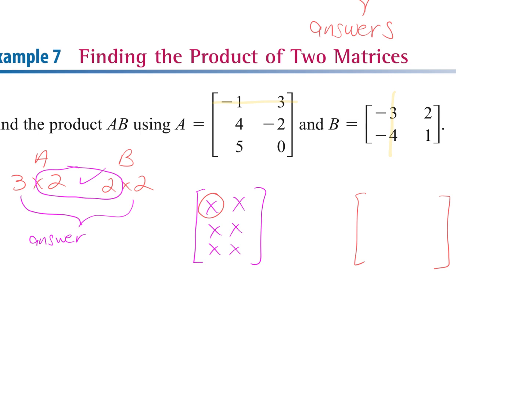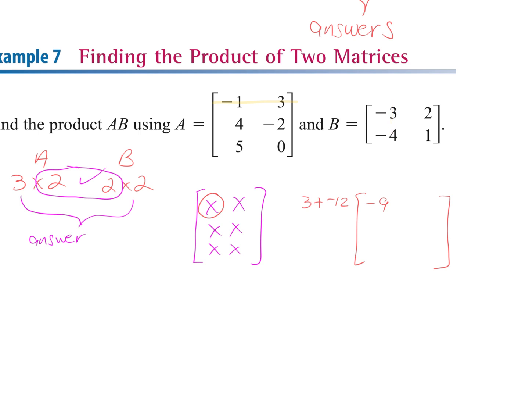You're going to multiply first times first. So -1 times -3 gives me what? 3. And you add it to second times second. What's 3 times -4? -12. What's 3 and -12? -9. Perfect.